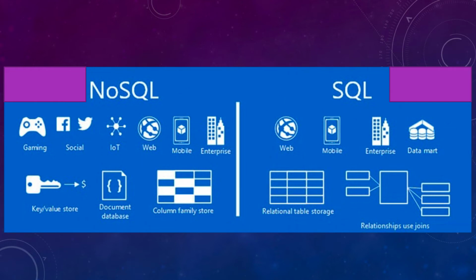Some SQL database examples are MySQL, Oracle, SQLite, Postgres, MS SQL, and NoSQL database examples are MongoDB, Bigtable, Redis, RavenDB, Cassandra, HBase, Neo4j, and CouchDB.